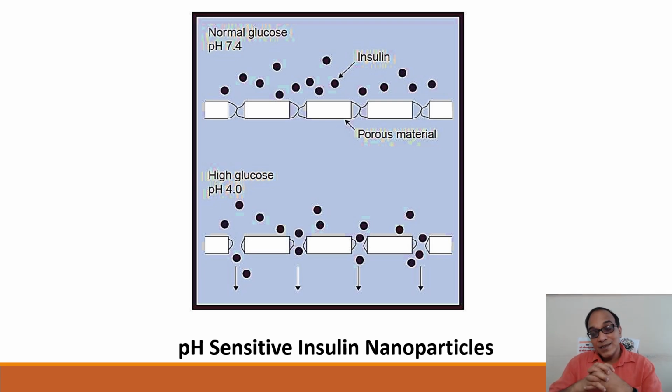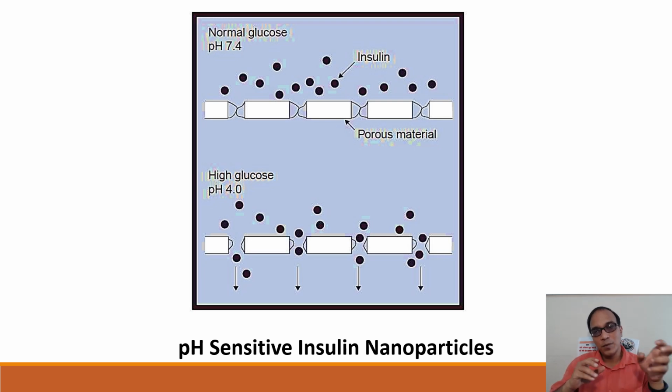Next part is pH sensitive insulin nanoparticles. We have discussed this earlier, if you remember. We can prepare the systems in such a way that the insulin is released only at the time of decrease in pH. When the glucose level is high, glucuronic acid will be released and the pH will be lower.